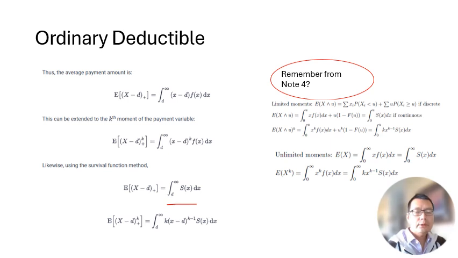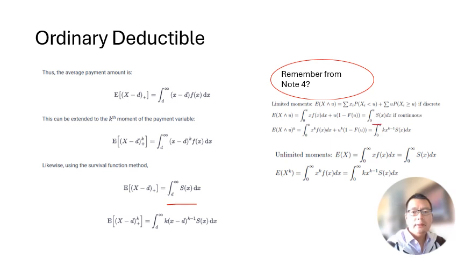These two formulas actually are relatively easy, similar to what we learned before. Remember, from note 4, we already know the formula for the expected value of X cap at u, which is the integral from 0 to u of S(x) dx.